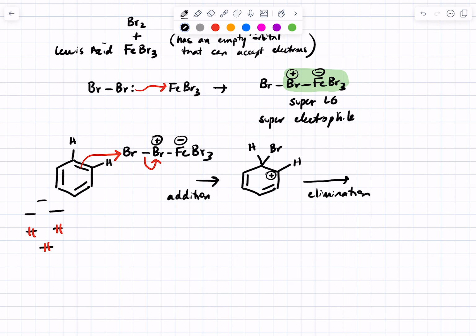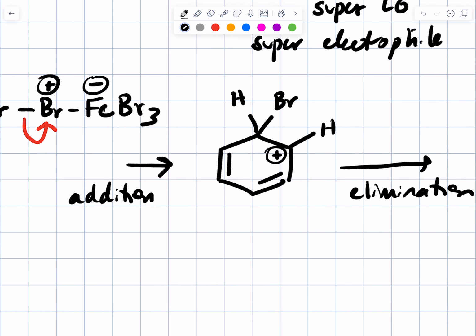And that should make sense because you have a positive charge and an adjacent hydrogen atom. The hydrogen we're going to remove is the one that's on this sp3 hybridized carbon in this no longer aromatic intermediate. Right? It's not aromatic, it's a resonance stabilized carbocation.